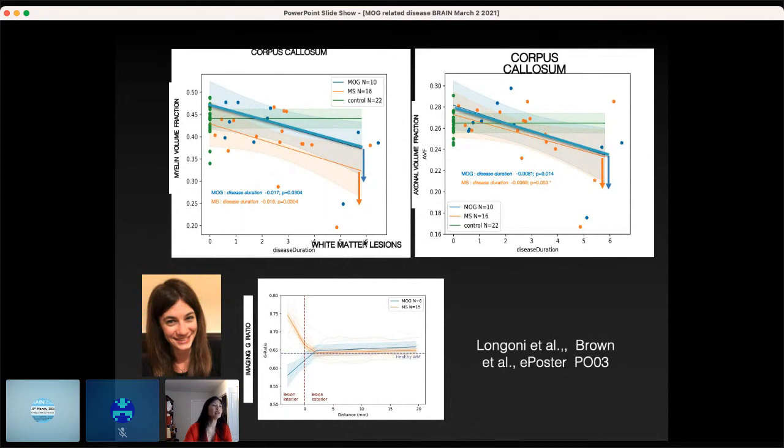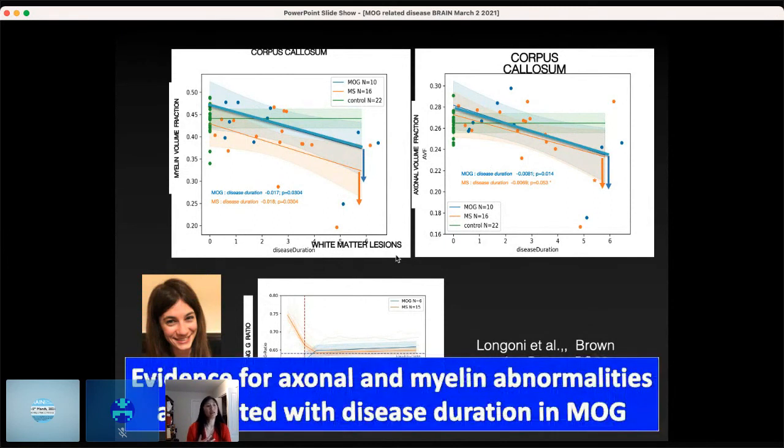Disease duration is on the x-axis here. And the same directional rule applied for axonal volume fraction, suggesting that there are axonal myelin abnormalities that are associated with disease duration in MOG. So this is early work. We need to look longitudinally, and it's just the beginning.